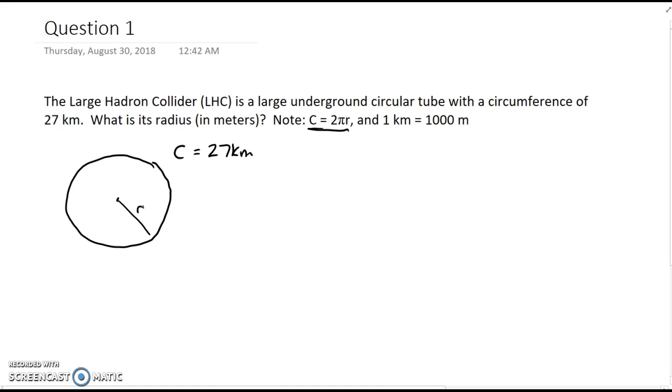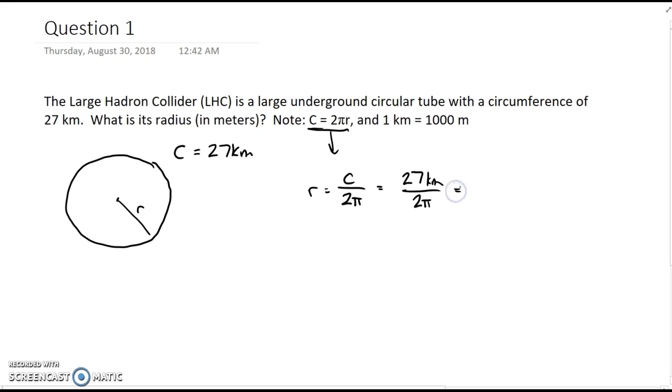And so given that equation, we can isolate r with a little algebra. R is going to be equal to c divided by 2 pi. And if I plug in my value for c, I get 27 kilometers divided by 2 pi.